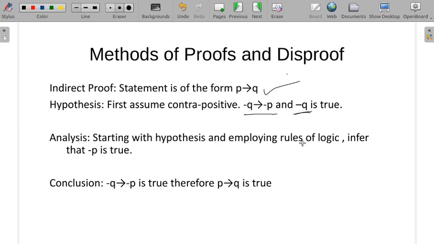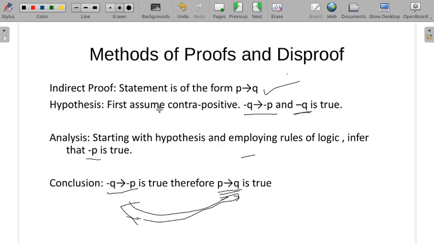Later, using rules of logic, inference, and general laws of mathematics, we prove that negation p is true. So therefore negation q conditional negation p is true. Its contrapositive is p conditional q. As these two are logically equivalent, if we prove that the contrapositive is true, then the conditional is also true.